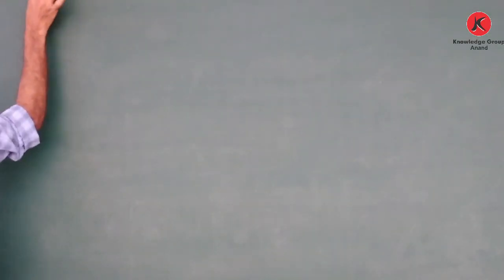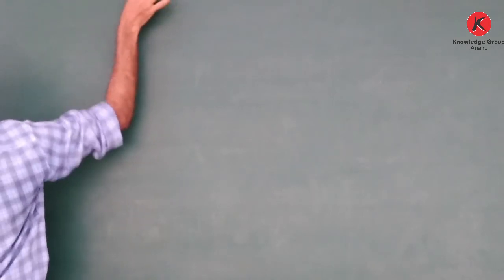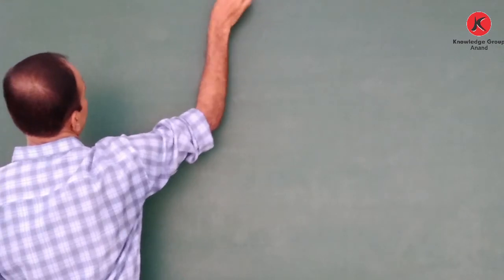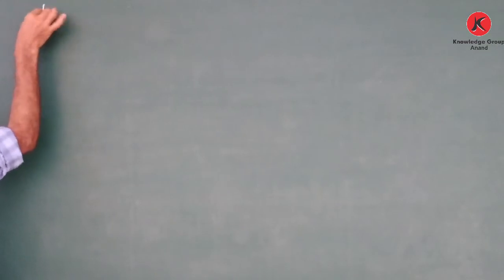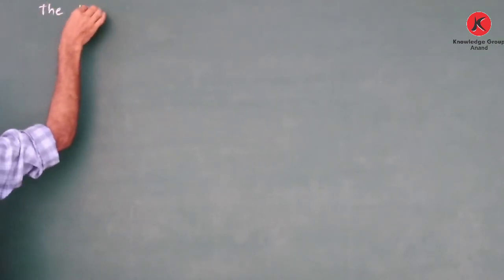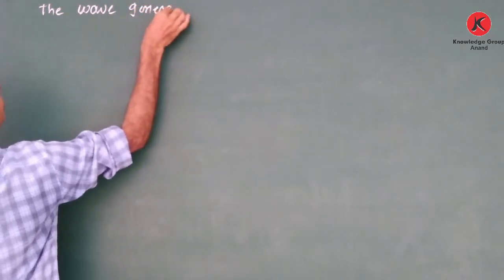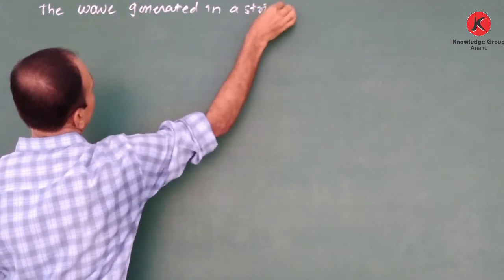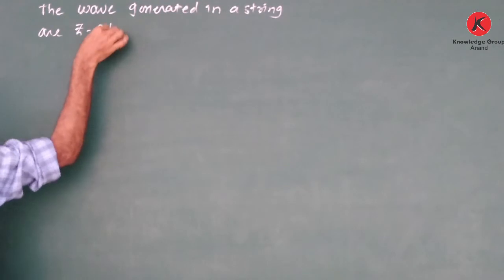If the string is in the xz plane, the wave generated in the string is the z polarized wave.